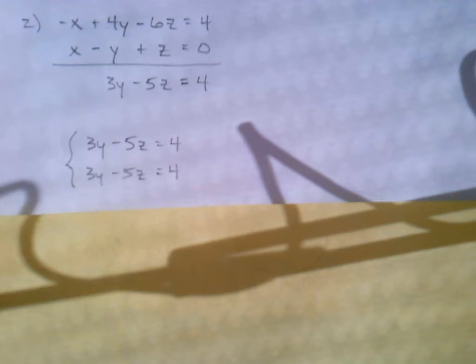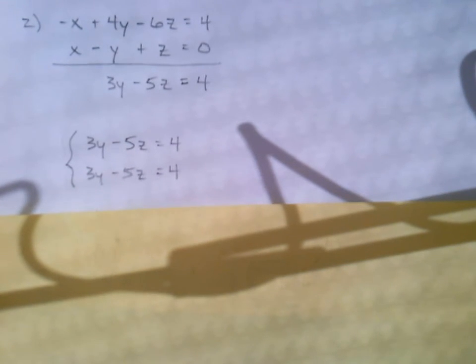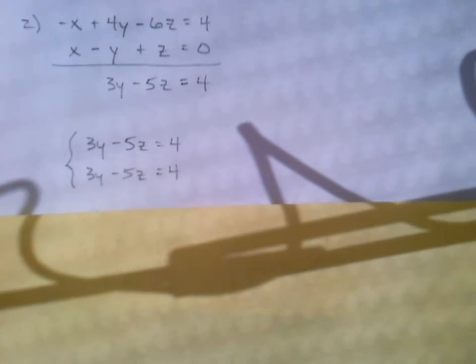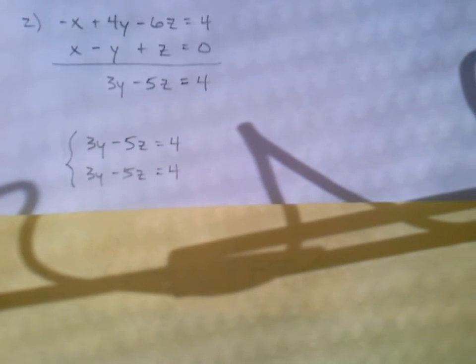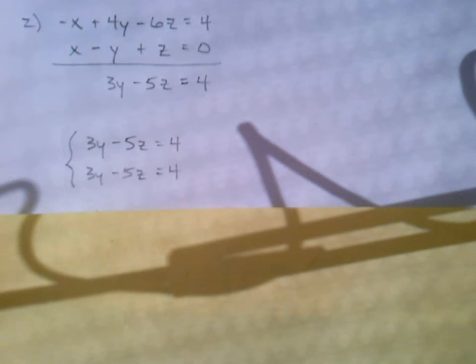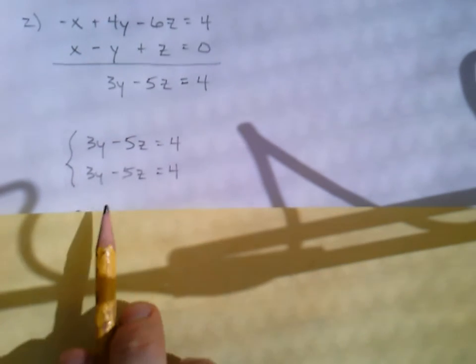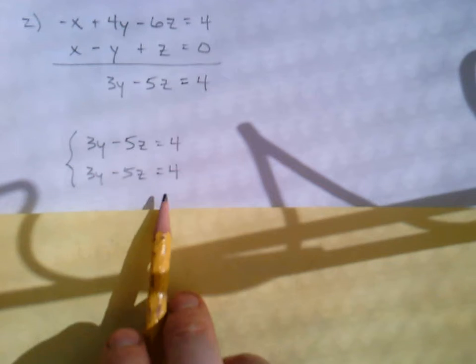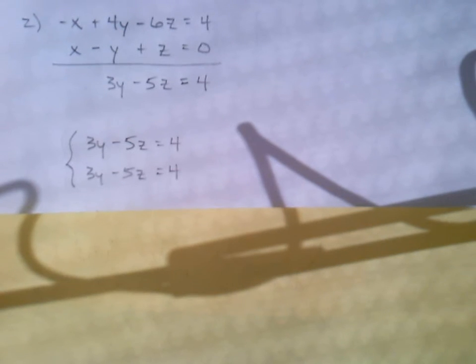This is interesting, and it's going to lead us to a certain type of answer. 3y minus 5z equals 4 appears twice. Well, let's just go through our procedure as we normally would, we'll try to solve this for y and z. And we'll just see what happens, and then something will really jump out at us.